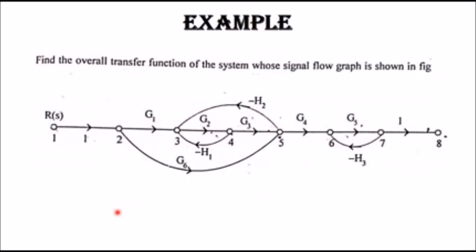So this is the forward path. I have given the examples. Find the overall transfer function of a system whose signal flow graph is shown in the figure. Okay, so this is the signal flow graph, and it is clear that we have 8 different nodes, and the nodes are like circles. Two nodes are connected by a transmittance of gain, and we need to find the forward paths, delta, and all those things with respect to our formula.